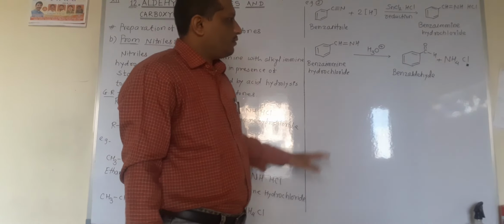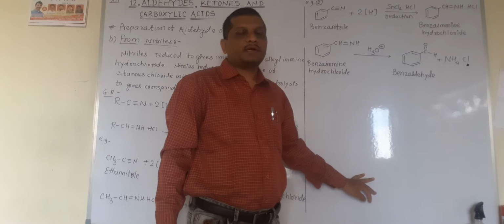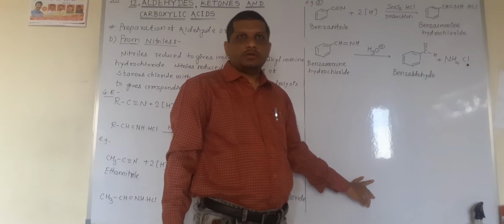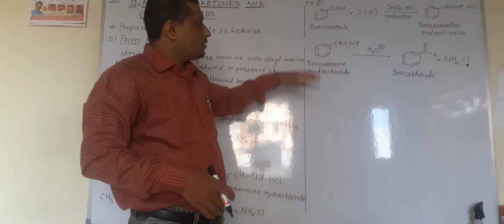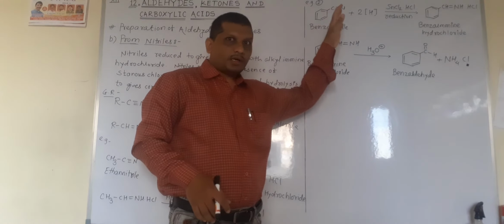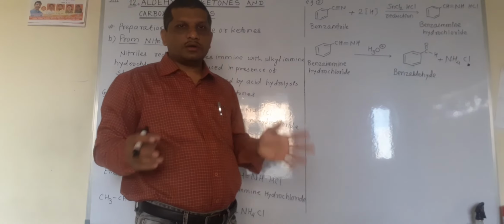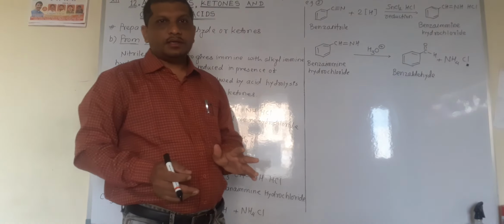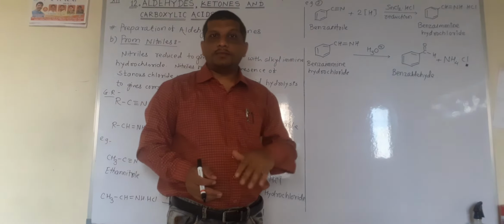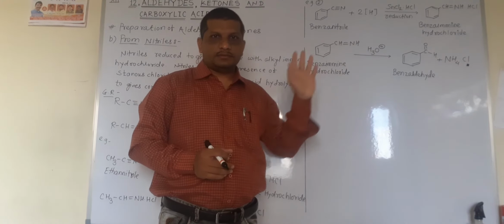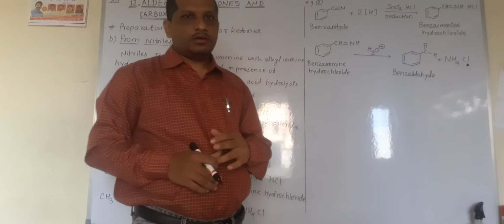Here is one point to note: diisobutyl aluminum hydride is one of the good reagents, because in case the initial compound has a carbon-carbon double bond, this carbon-carbon double bond is not reduced by diisobutyl aluminum hydride, and we get the corresponding aldehyde or ketones.